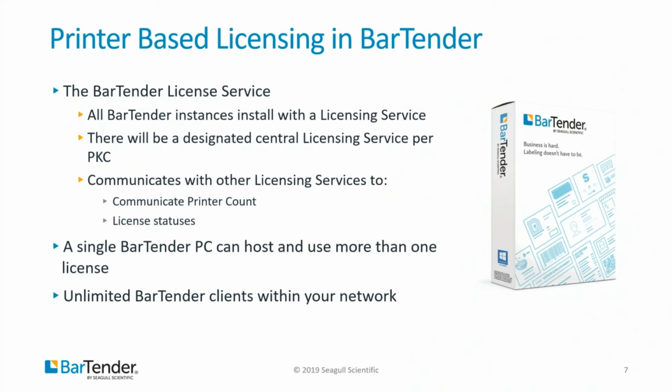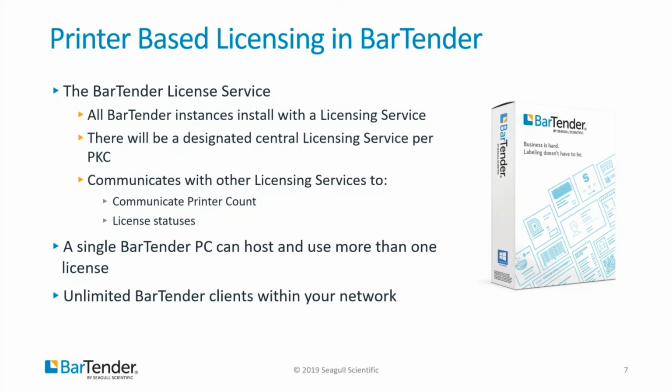That license service is going to be installed with every instance that you install or configure. And then you're going to designate a central licensing service. Each PKC, product key code, or each license, however you want to phrase that, will have its own designated central licensing service. Here's what's going to happen when you actually go to print.